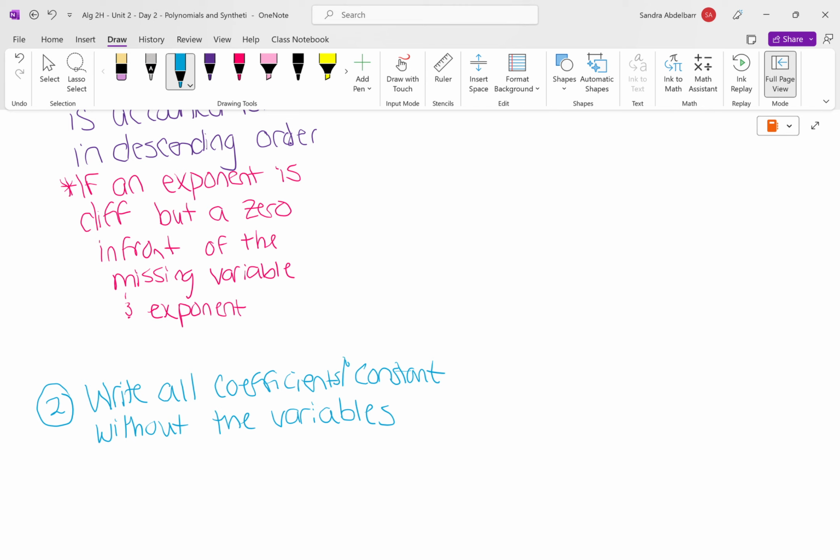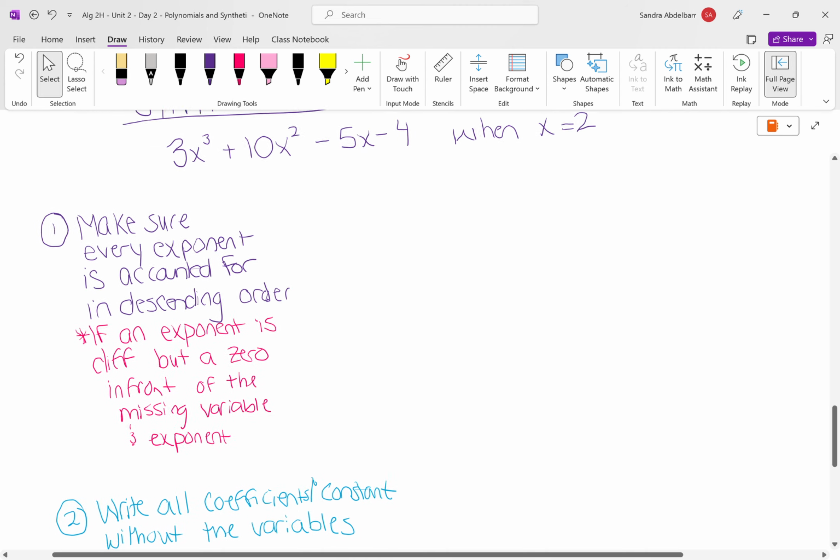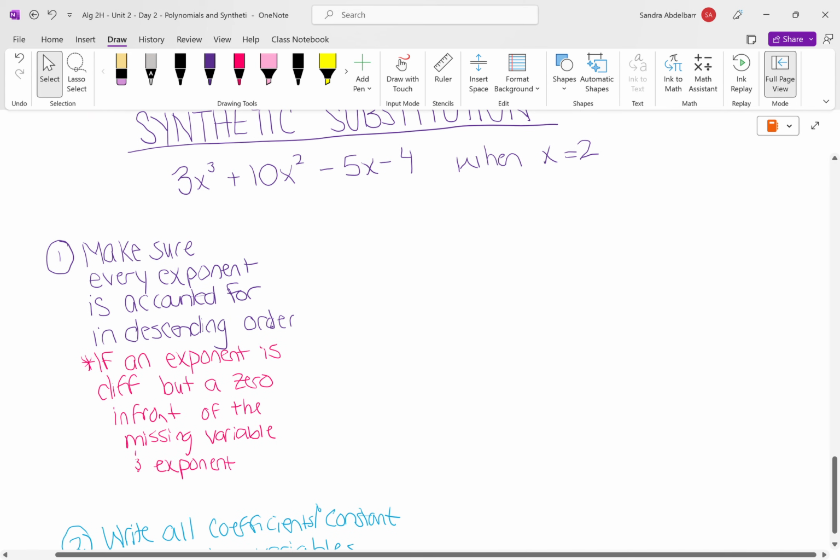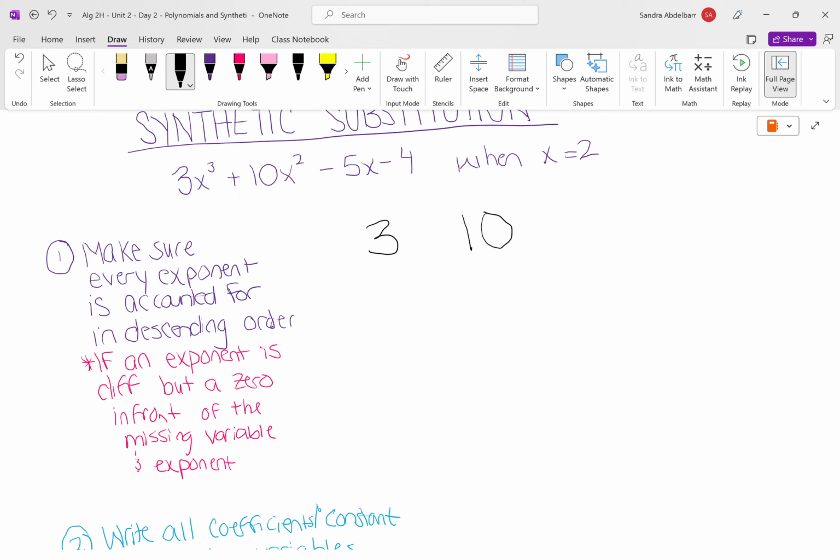I'm going to show you what that looks like now. So write this down: write all coefficients and the constant without the variables. Are we ready? I'm going to write it in a row. 3, 10. What's the next one? Negative 5, not positive 5. That's a negative 5.